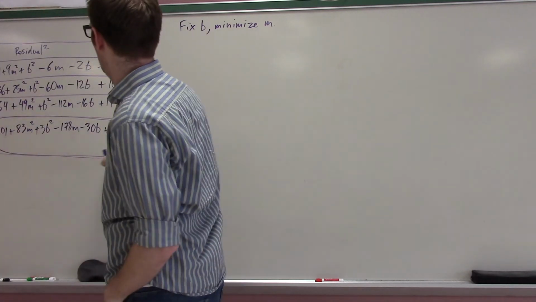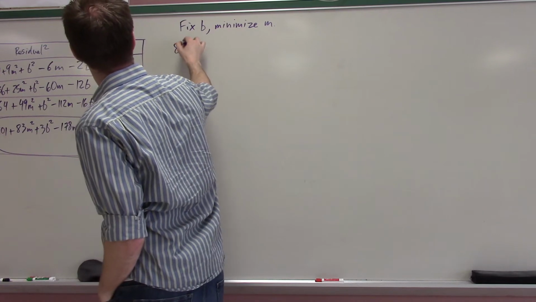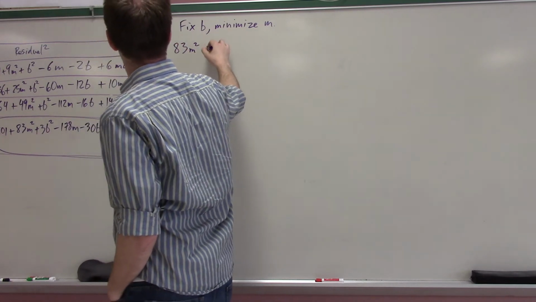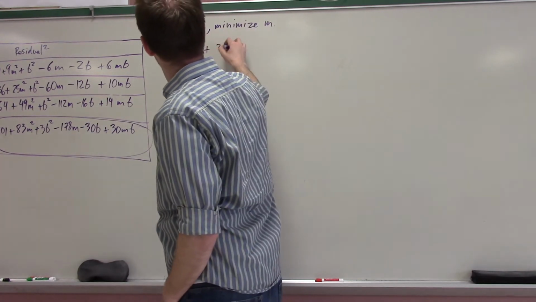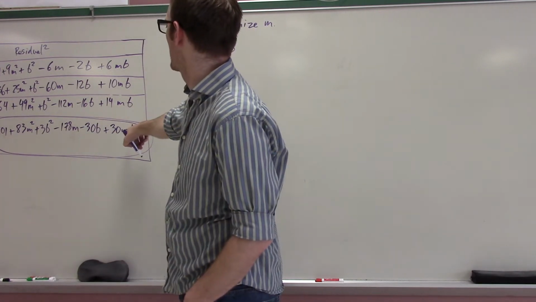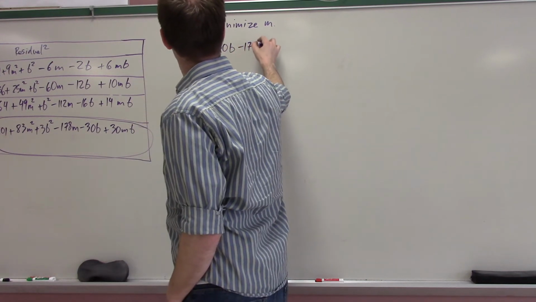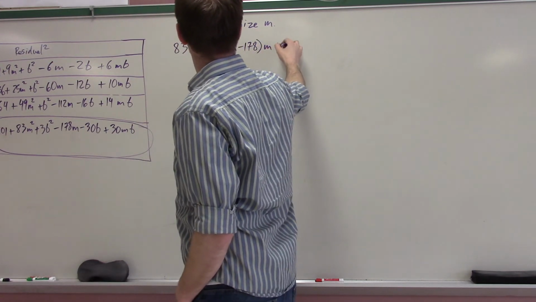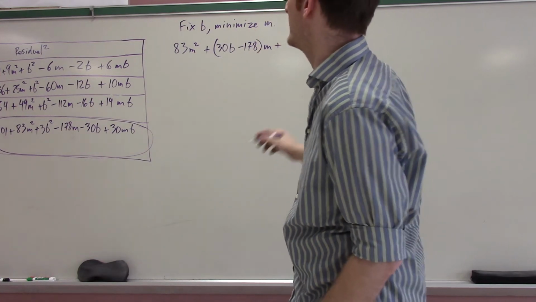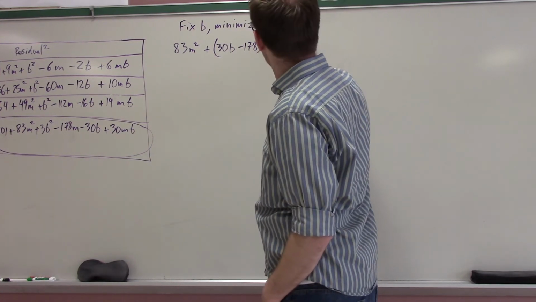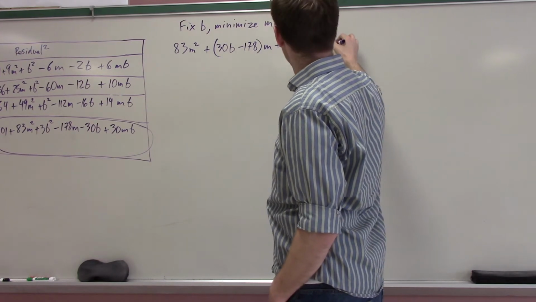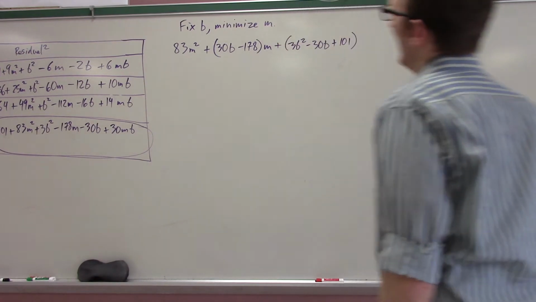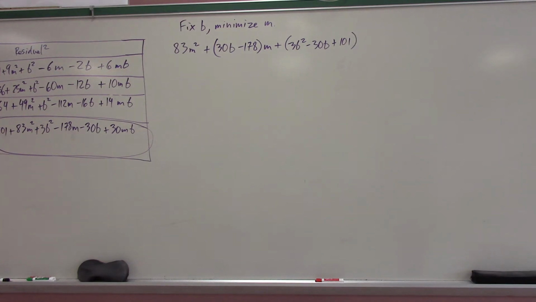What we have then is 83m squared plus the coefficient of m, which is 30b minus 178. And then there's a bunch of other stuff, 3b squared minus 30b plus 101, but that's all just constant. We treat b as a constant and write it as a quadratic in terms of m.